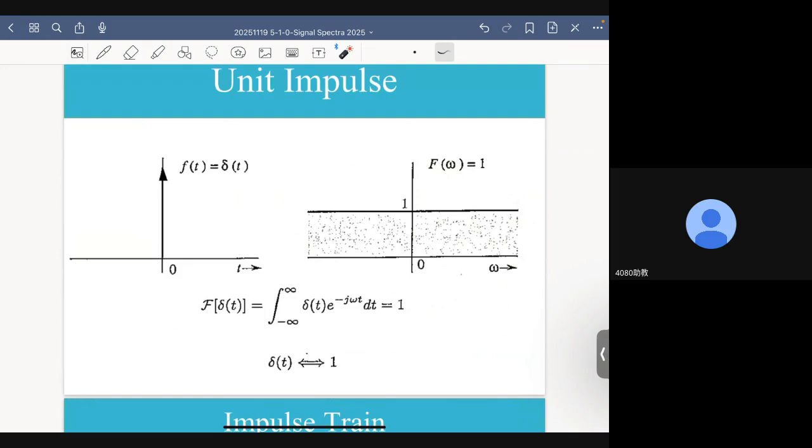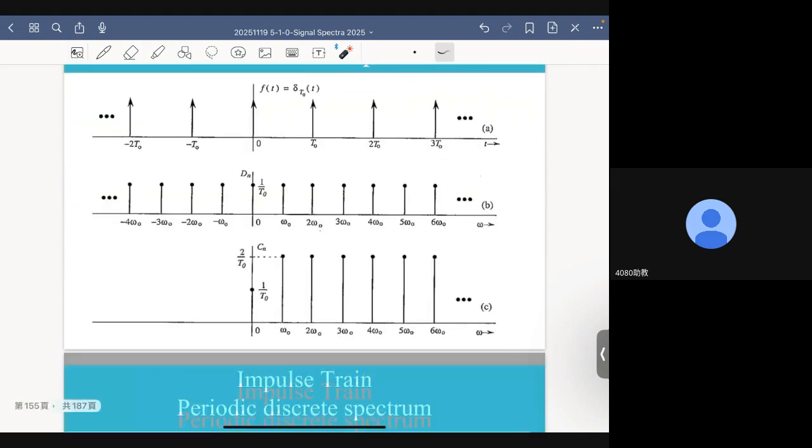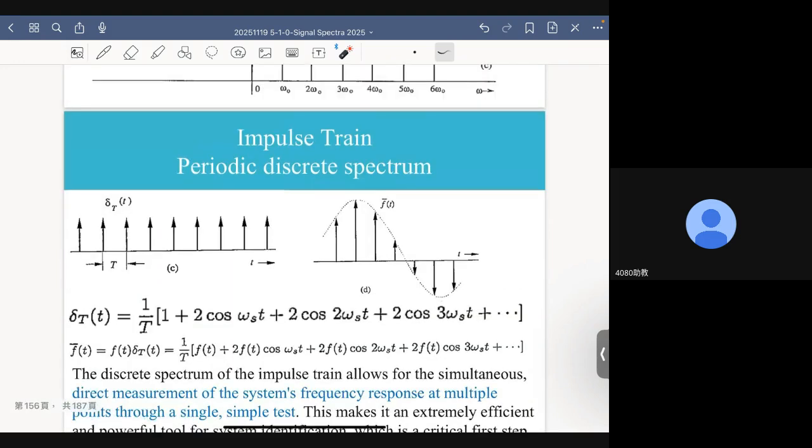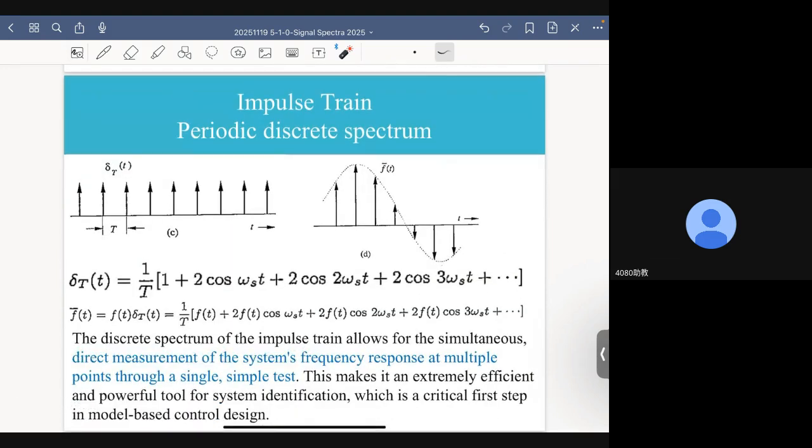Why? Because a periodic function always has its Fourier series representation. Once it has its Fourier series representation, it is very easy to see that its frequency components can only occur at integer multiples of the fundamental frequency. So a periodic signal has to have a discrete spectrum, and this is exactly what we have for this impulse stream, okay? Now, if that is the case, that means this impulse stream's Fourier series representation actually looks like this, all right?